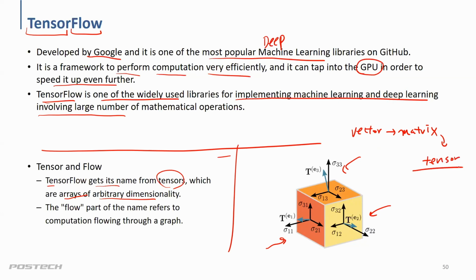Everything in here is in the form of tensors. That's why we have Tensor in TensorFlow. Flow comes from the computations flowing through the graph. That's why Google named it TensorFlow.